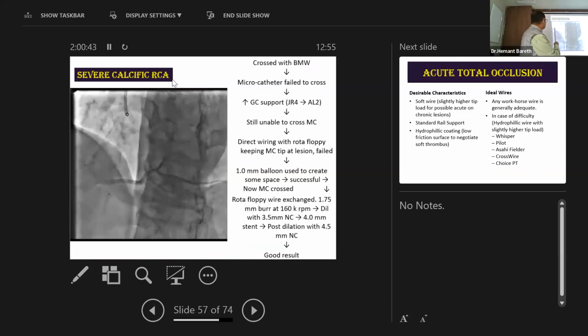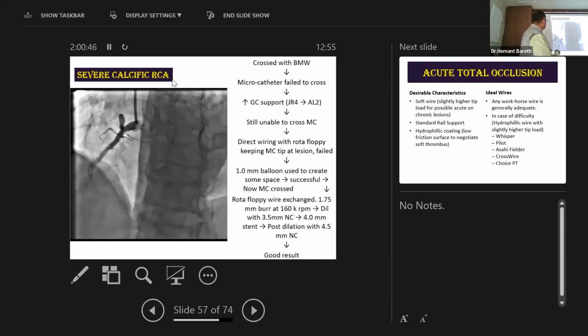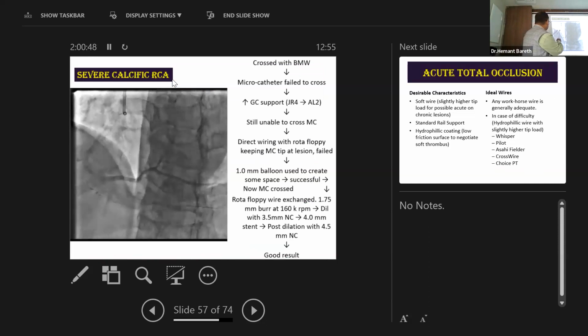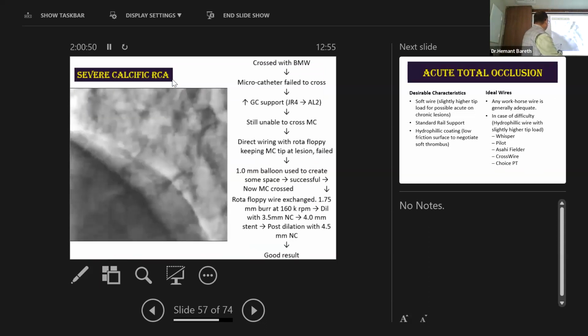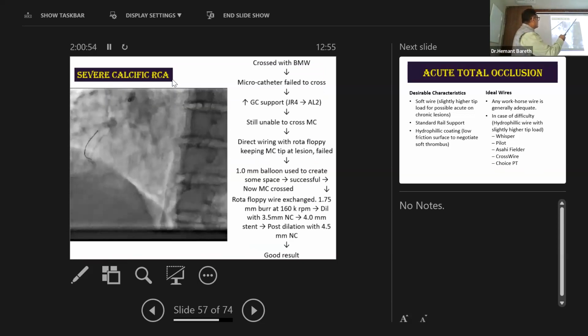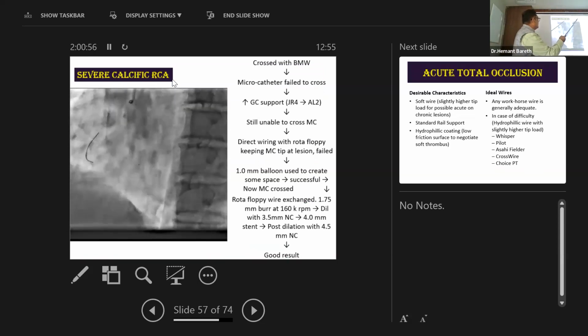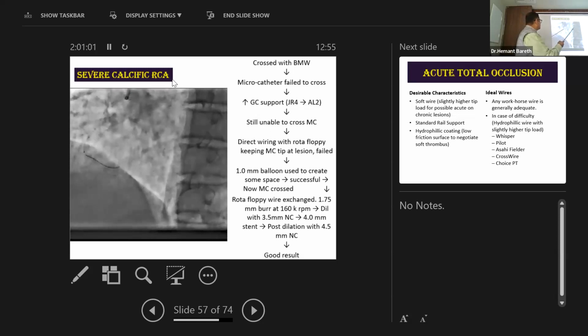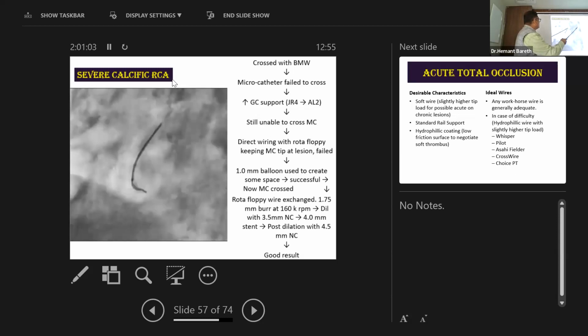So here is a case, severe calcific lesion, RCA, you can see practically the whole RCA is calcified. So it was crossed with BMW first, unable to cross. So microcatheter used here, microcatheter getting stuck, unable to cross.